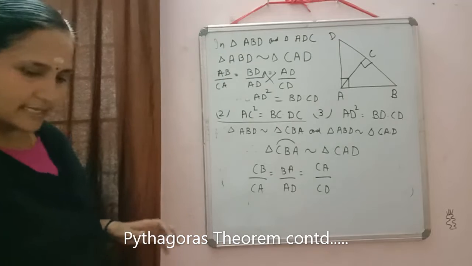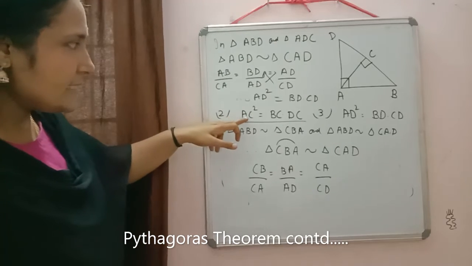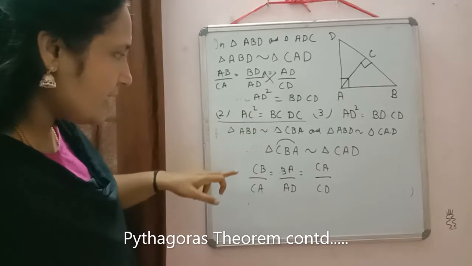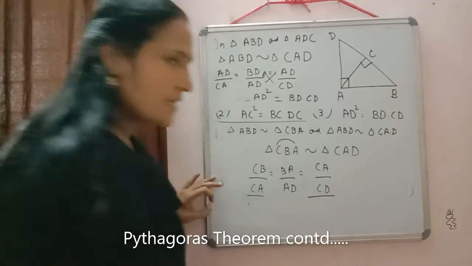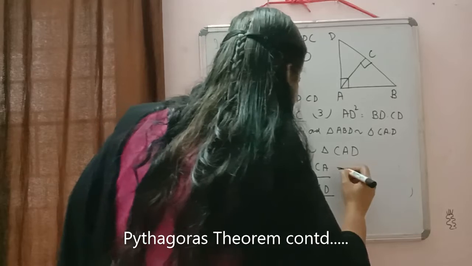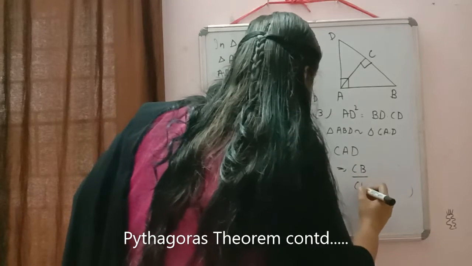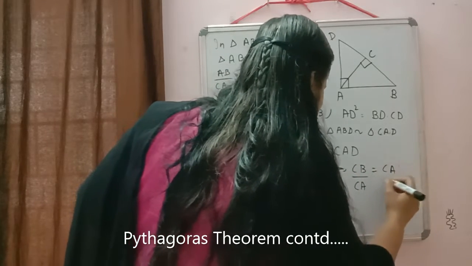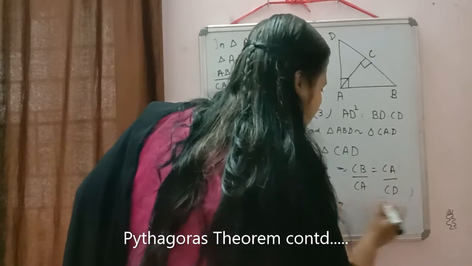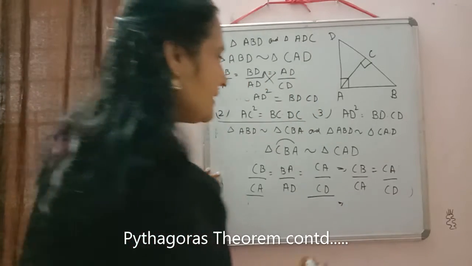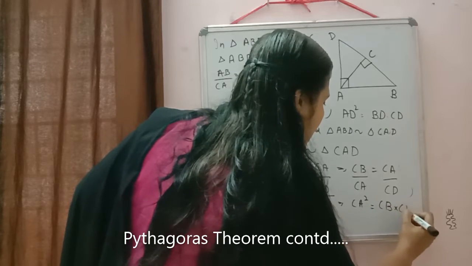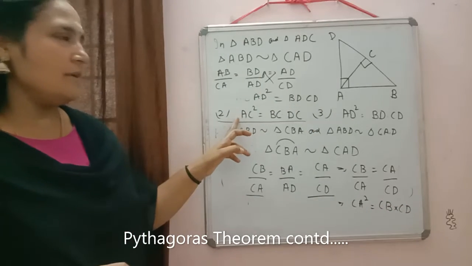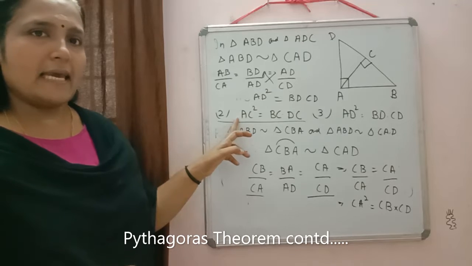Now, what do we need in the second one? AC square is equal to. Where will AC square come? Yes, here, while taking the first and third. So it will come CB by CA is equal to CA by CD. Now do the cross multiplication, then we will get CA square is equal to CB into CD. That only we have to prove for the second one.